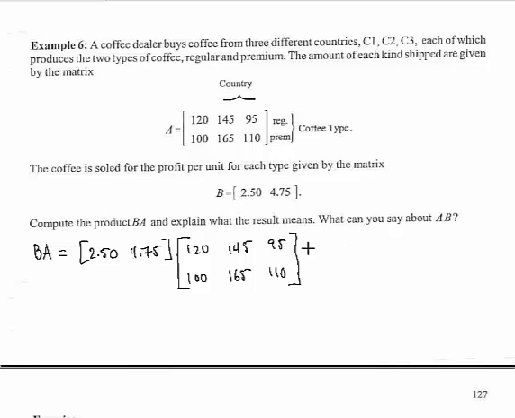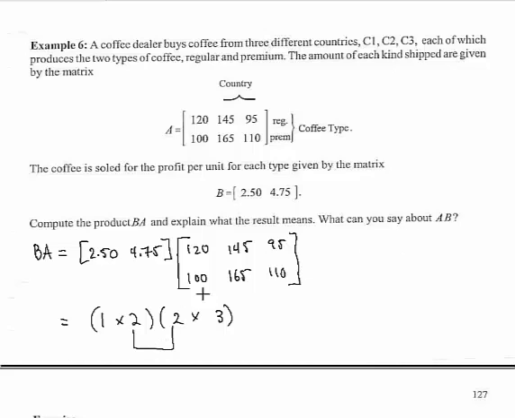This is a 1 by 2, and we're multiplying it by a 2 by 3. The columns of the first match the rows of the second, so we can actually carry out this multiplication.